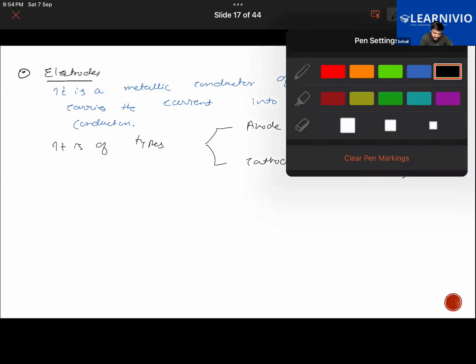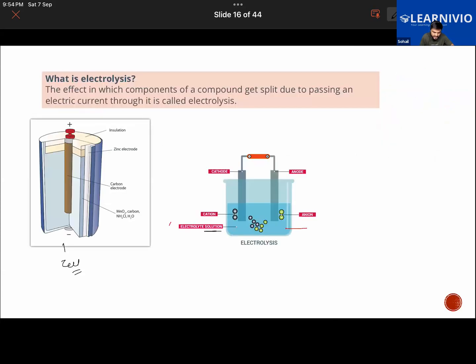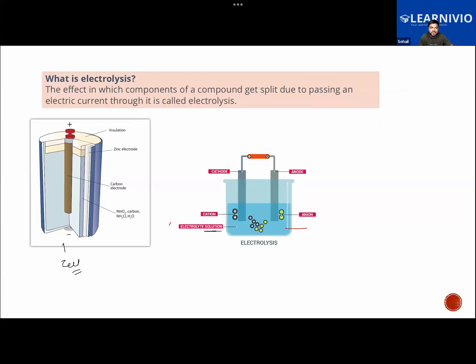So that is an electrode. Hope you guys have got the concept. Next, we're going to learn about the electrolyte, that liquid which we have taken. This liquid here could be any liquid, but it should be a conducting liquid. It's basically a solution that breaks up into ions when electricity passes through it. That is the case of the electrolyte.